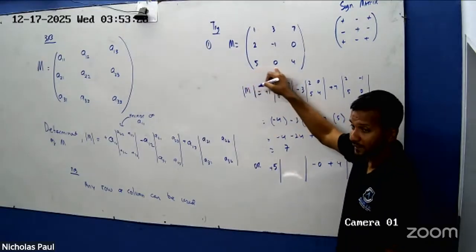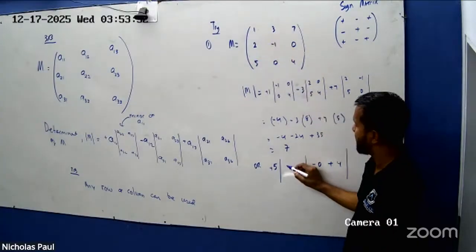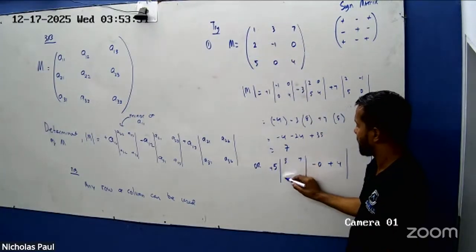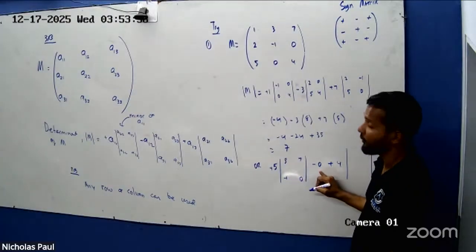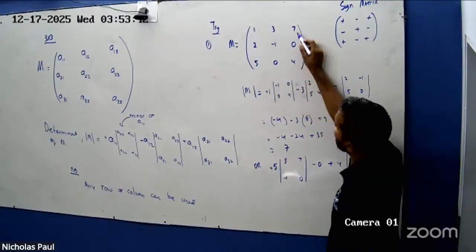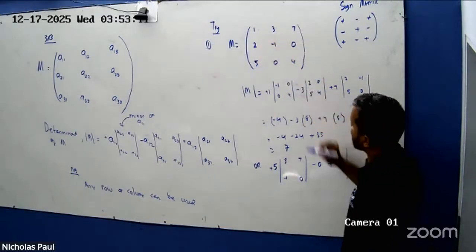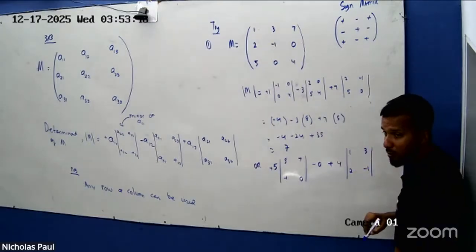So I'm canceling the row and column it belongs to. 3, 7 minus 1, 0. I'm leaving out this 0 because it doesn't make sense, right? I'm going with 4 now. Cancel here and here. 1, 3, 2 minus 1. Right? Yeah.